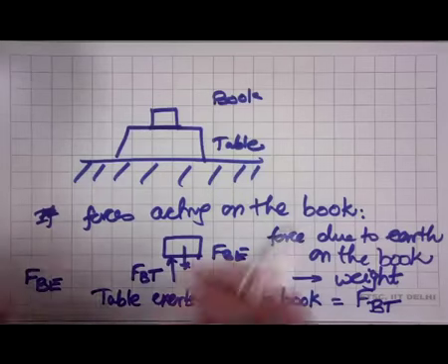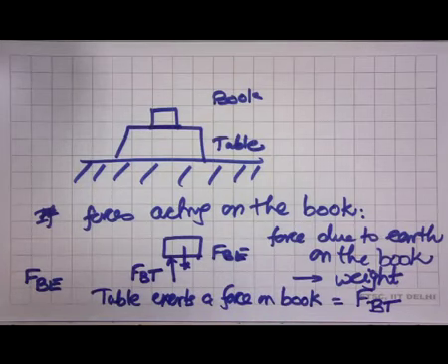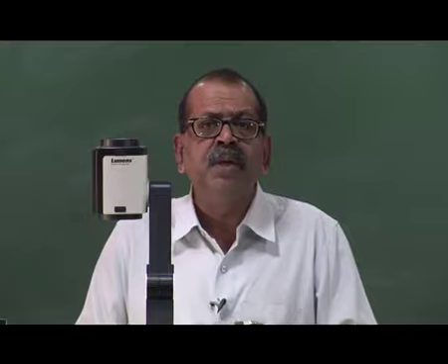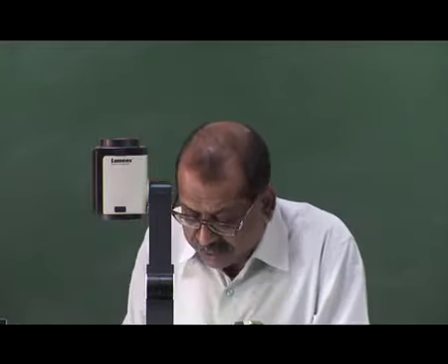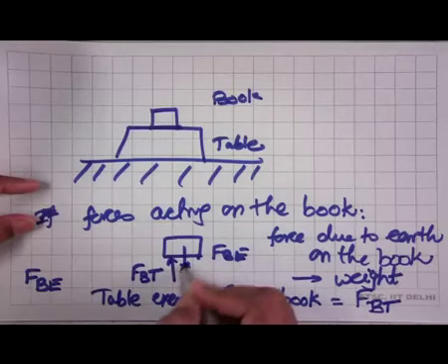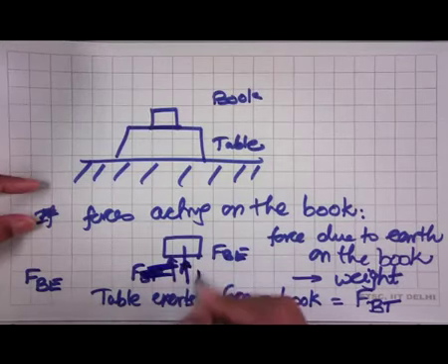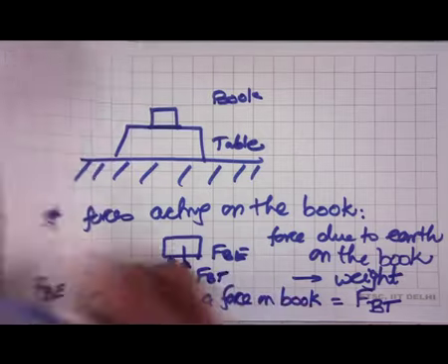And if the book is at rest, if the book is not moving, then these two forces have to be equal and opposite. So, in fact, this FBT should be acting on the same line. So, actually I should show it in the same location at the same arrow.